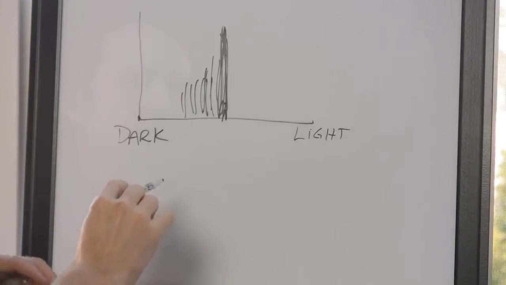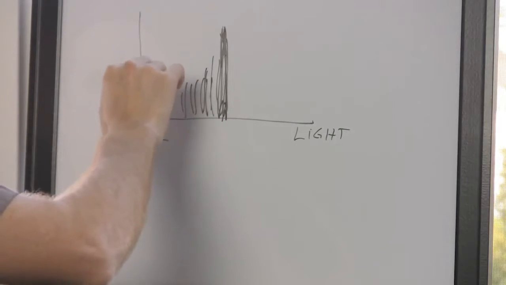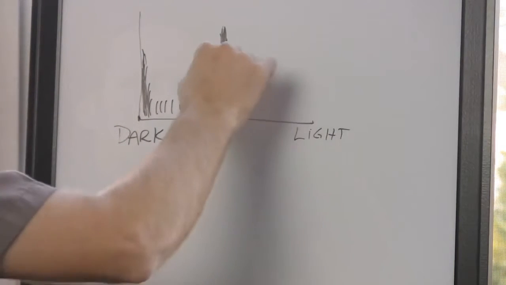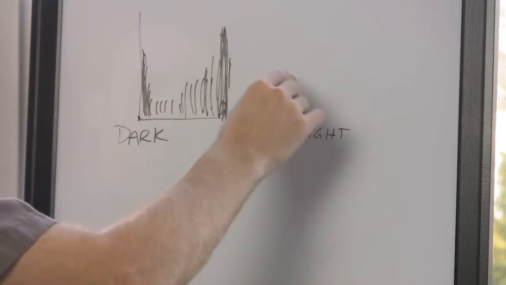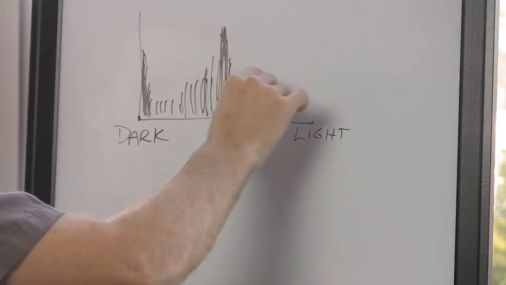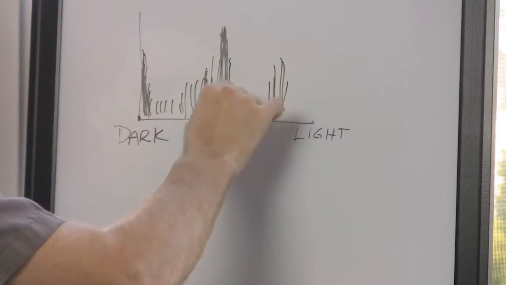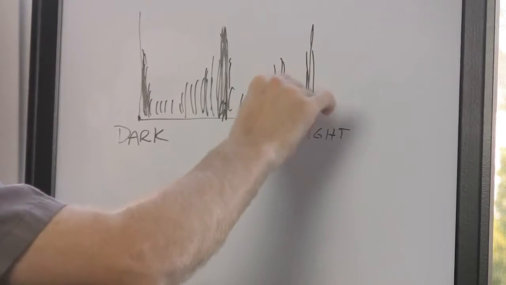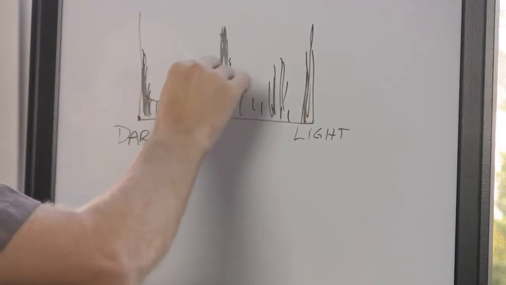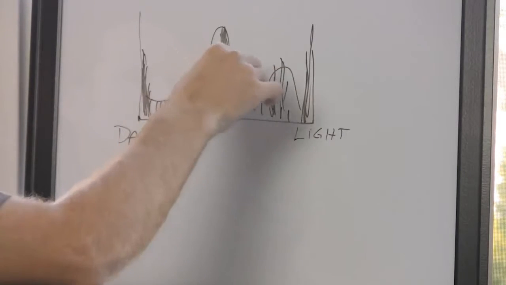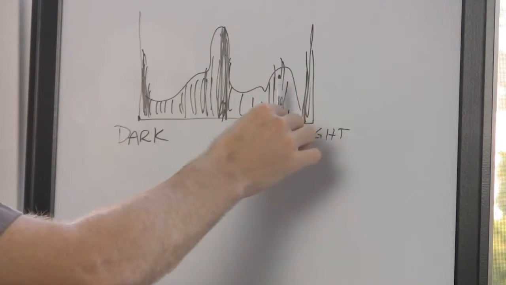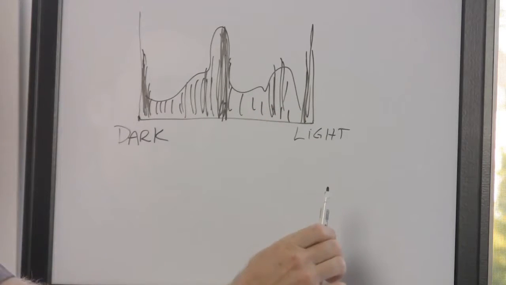And then if you photograph that on a black background, then you'll have the black background pixels visible here. And likewise, if you have a light object in your scene, the light object will be here, and a pure white object will show pixel values here. So what you end up with is this curve, showing you what value pixels you have in your image.